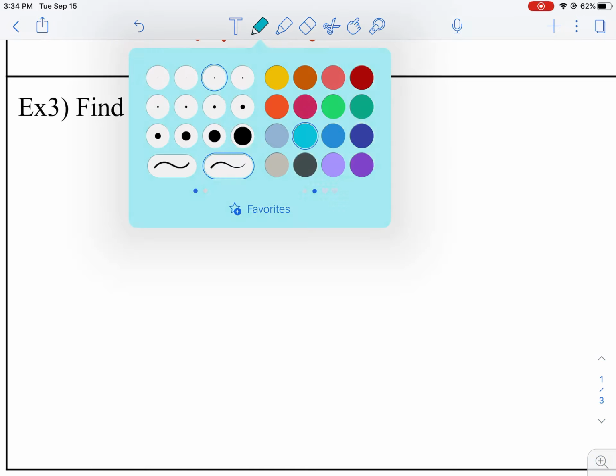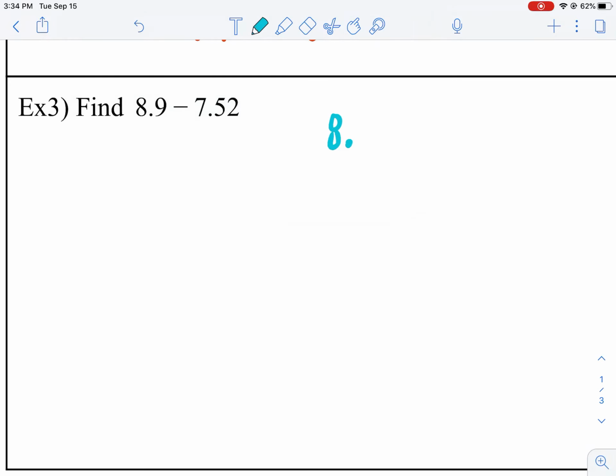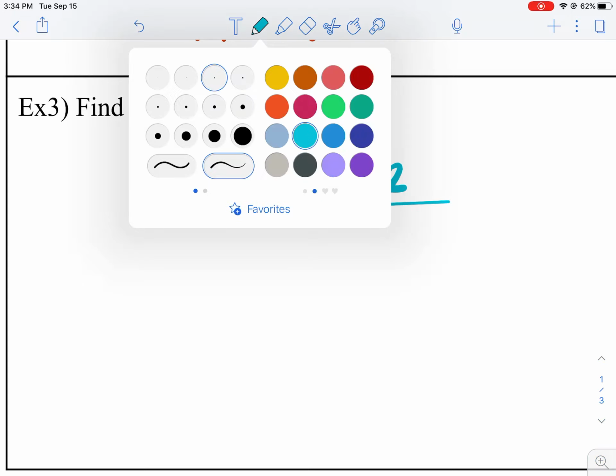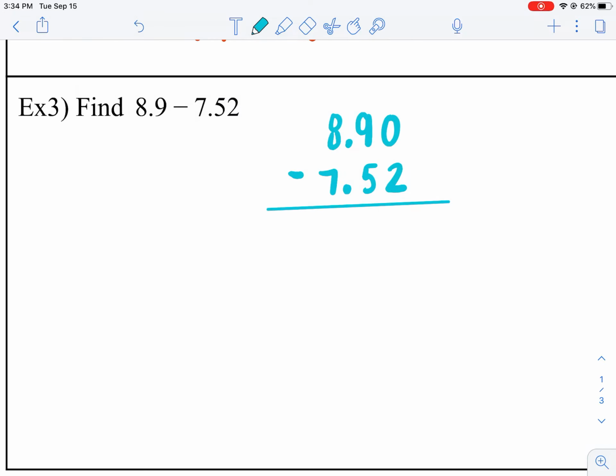In the next problem, we are going to subtract. So we have 8.9 minus 7.52. Now it's especially important that we add zeros because we have to borrow. We can't do 0 minus 2, so we need to borrow.